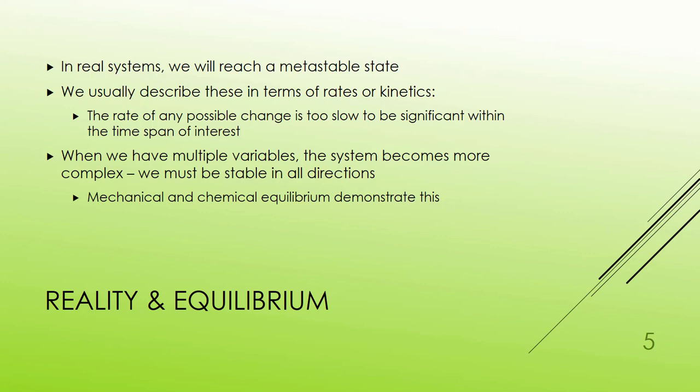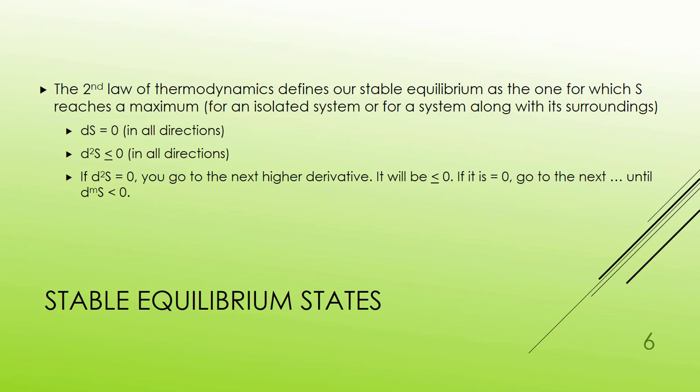Or for chemical equilibrium, I need both temperature and chemical potential. Again, we will never really be reaching a stable state. I'll be reaching metastable states where over the time period of interest, I'll see no changes.